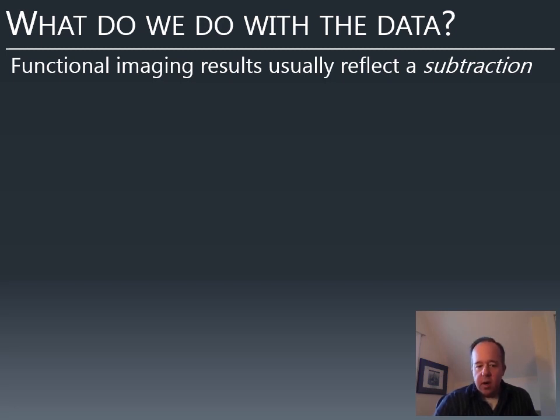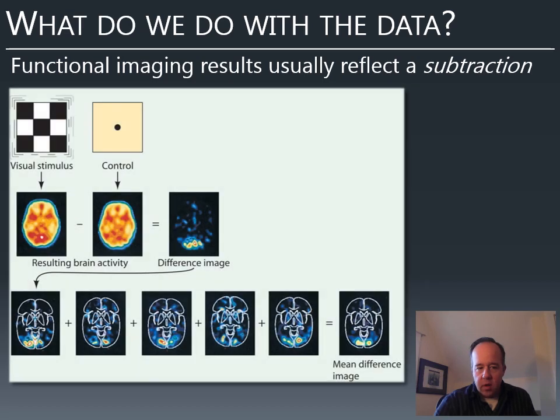And so functional imaging often relies on a subtraction. So you have some really complex stimulus maybe that the visual cortex in your brain has to spend a lot of energy processing. You can compare it to visual cortex activity when it's not doing much, when you have a very simple image. And what you do is you have either a lot of participants or you collect a lot of responses to complex and simple stimuli, or both, and you average them all, you add them all together.